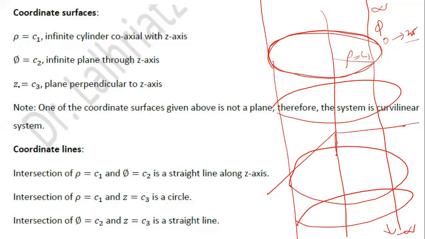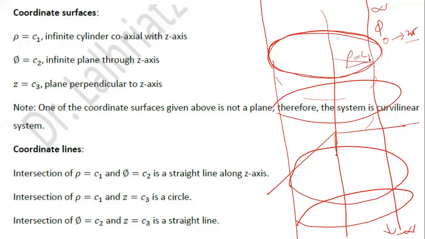Then if you vary z from minus infinity to plus infinity, you will have an infinite number of circles, and that will form an infinite cylindrical surface.